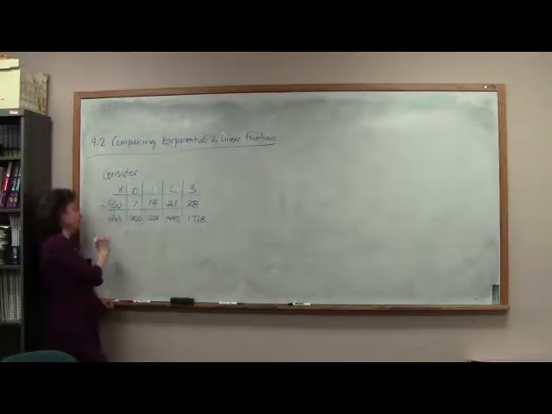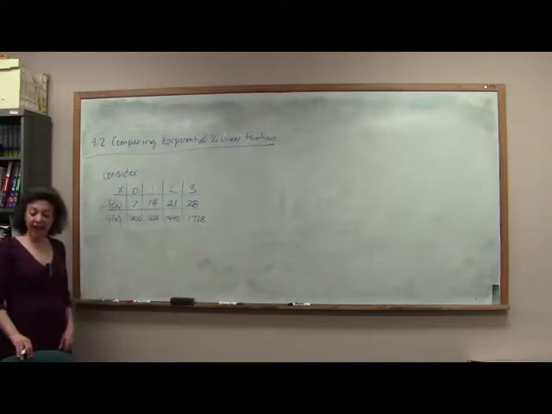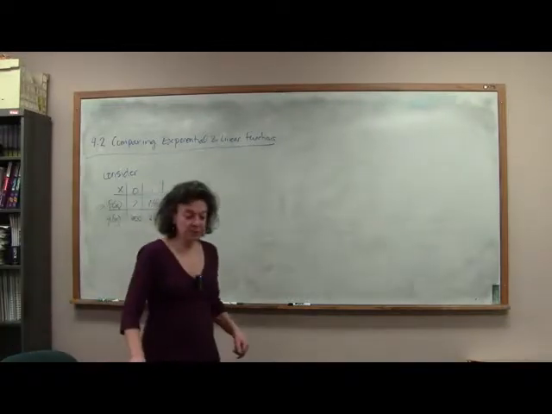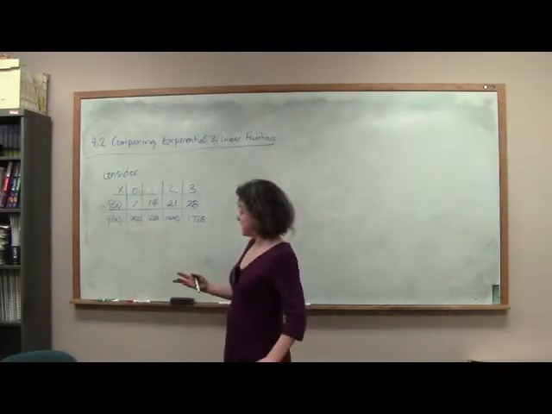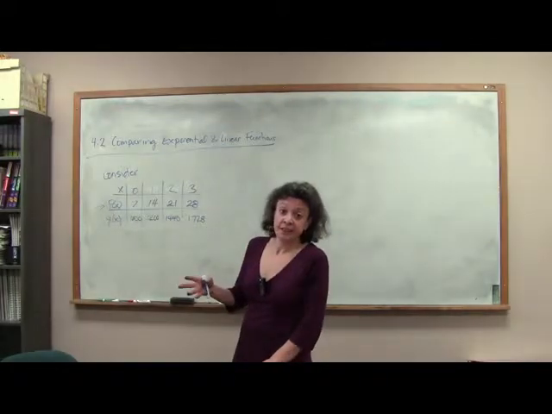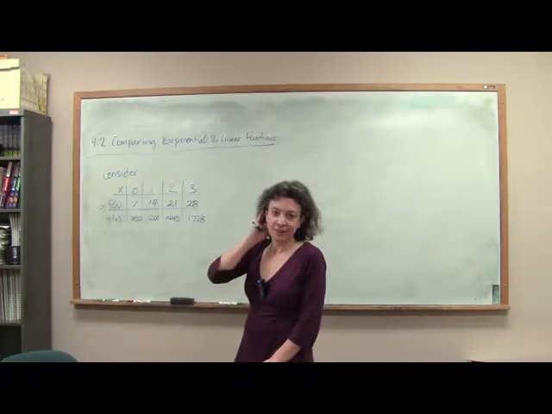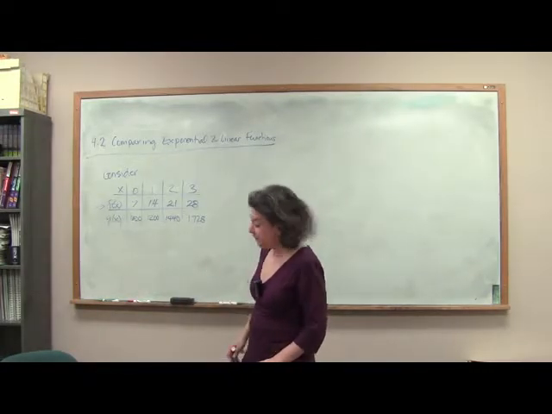I want to ask myself, is my function f of x linear, exponential, or neither? So, it's a reasonable question to ask ourselves, given a table, if a function is linear or exponential. If it's neither one, then you just say neither, and you don't need to go any further than that.